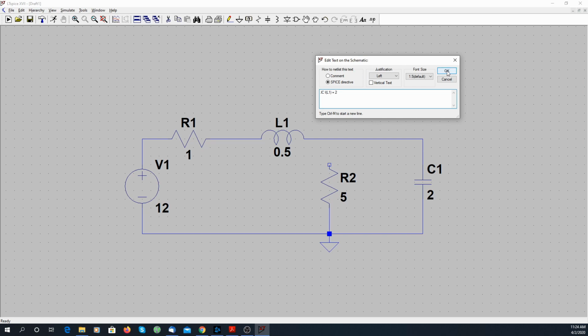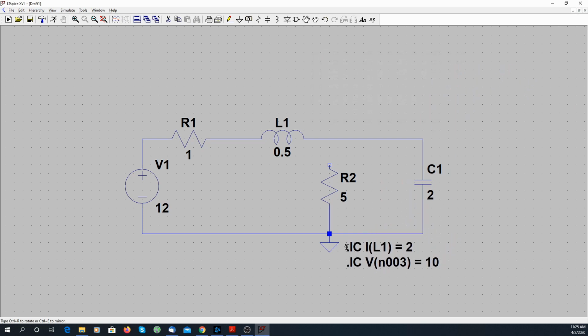So I hit equals 2. Control M lets me do a new line where I'm going to do .ic, the voltage at node 3, which is the voltage at the positive terminal of my capacitor, equal to 10 volts, which is the initial condition that we got. Drop this in.